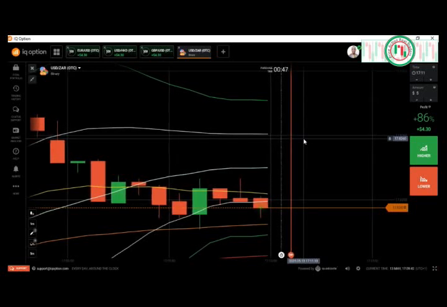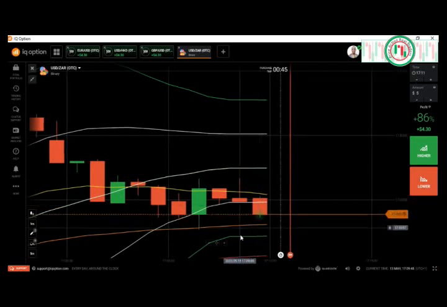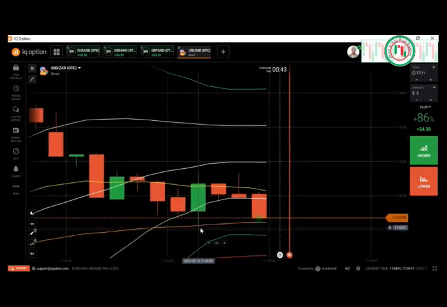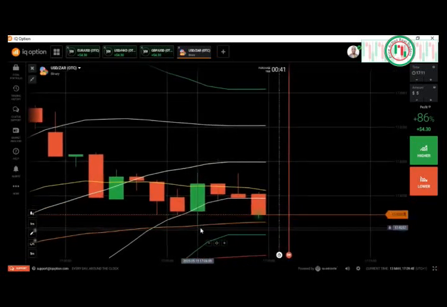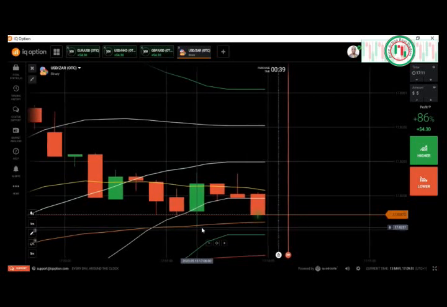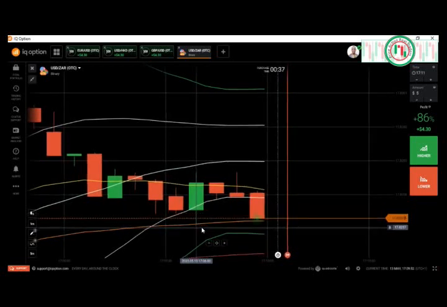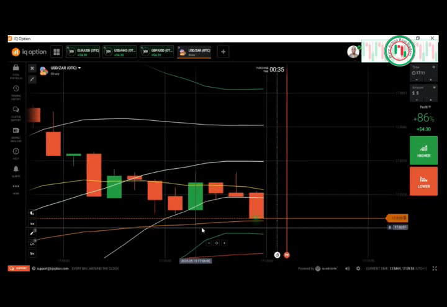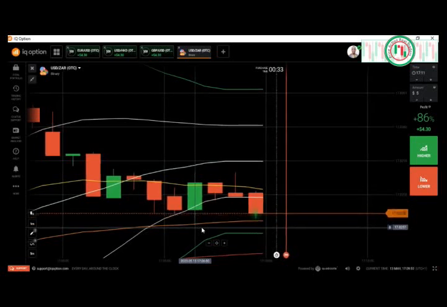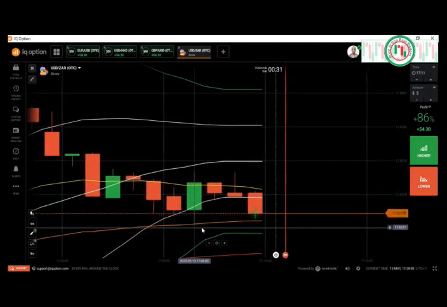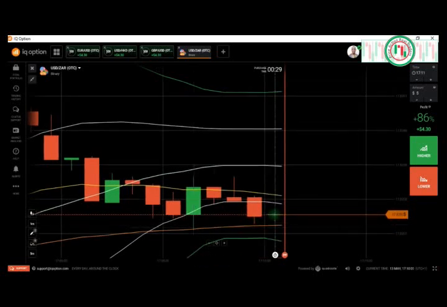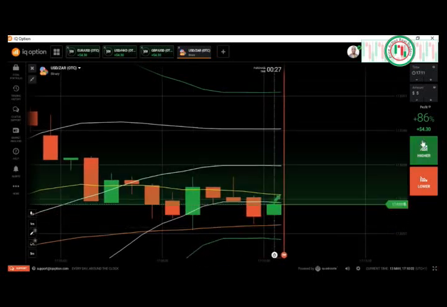So I will wait. If the market comes, yes, or if the market creates even a weak break of this lower low, come down, down, down, down. But the market is not breaking the lower low.